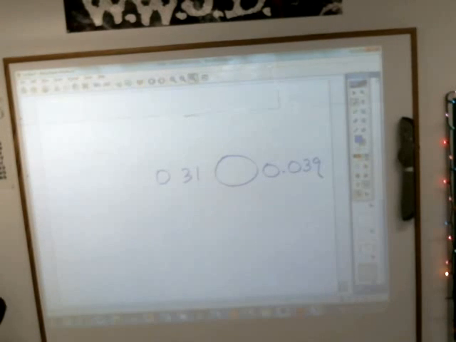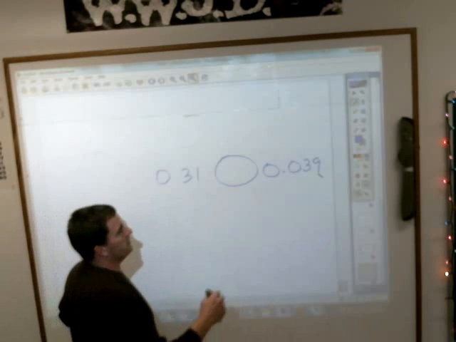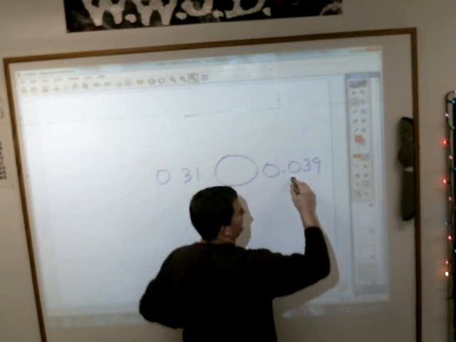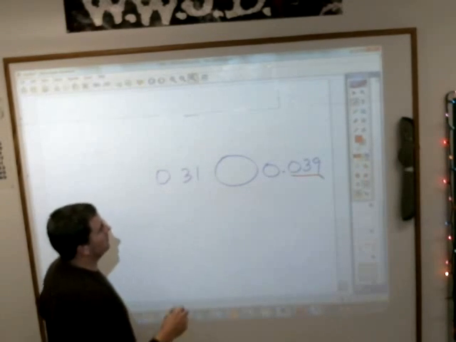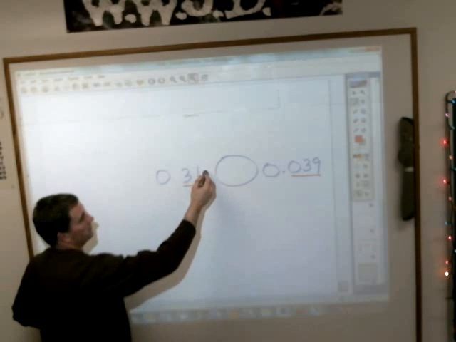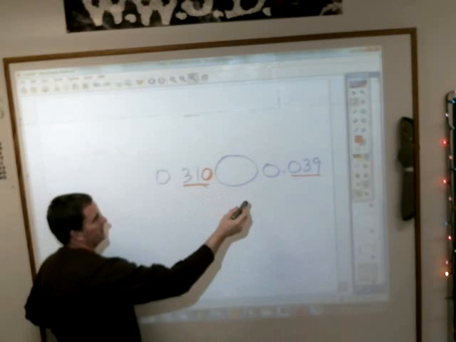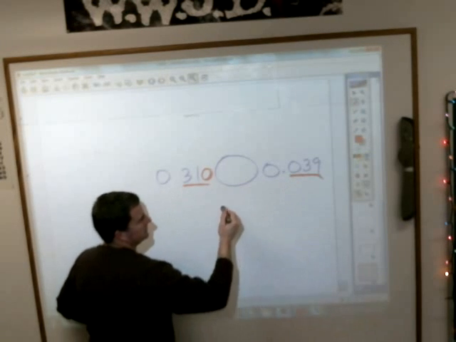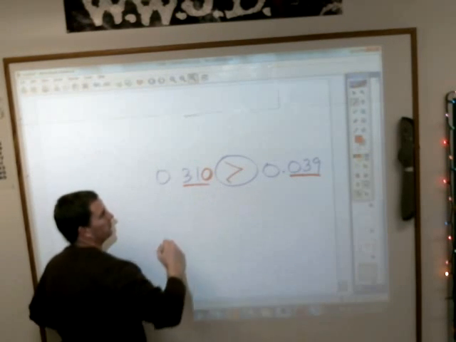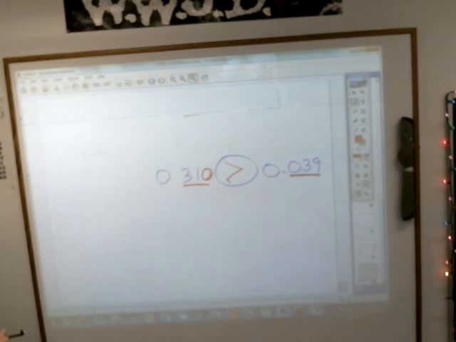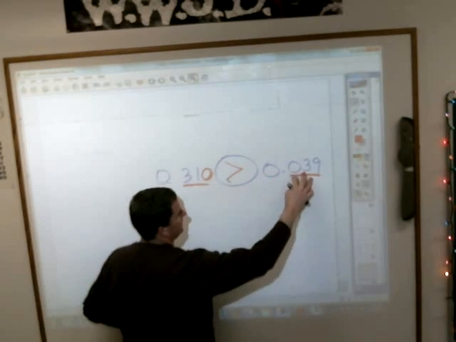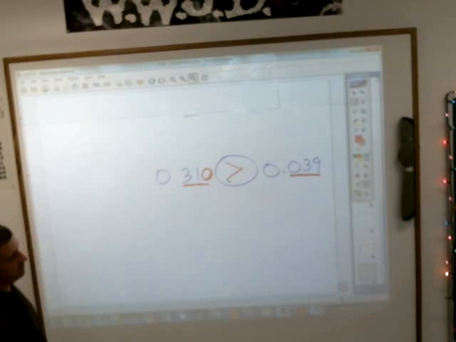And again, it might be a little confusing there, but I would do this. How many digits come after the decimal there? 3. So I want to put another 0 over here. And then you look at it as what's bigger, 310 or 39? In which case the 310. Okay, so put as many zeros as you need to so that you get the same number after the decimal, and then look at them.